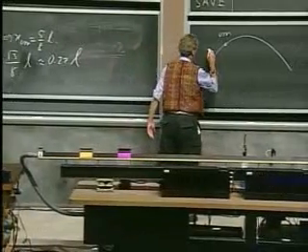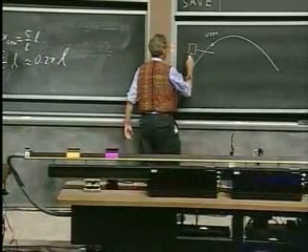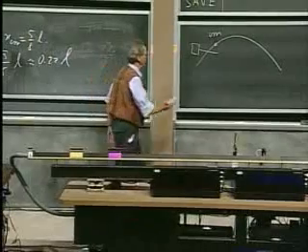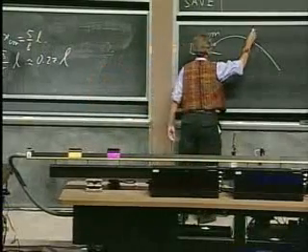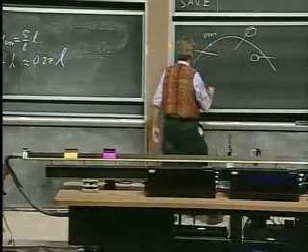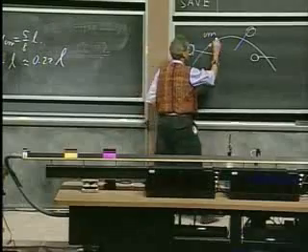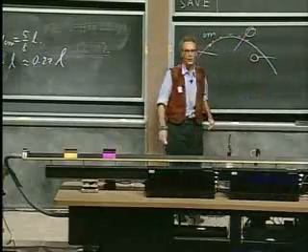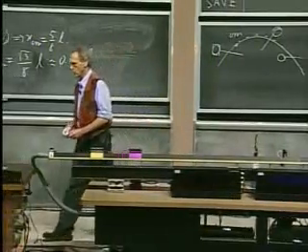Now, at one point, I will do it with a squash racket. At one point, the squash racket may be like this, and at another point, the squash racket may be like this, and a little later, it may be like this. But the center of mass of the squash racket will perfectly go along a parabola.